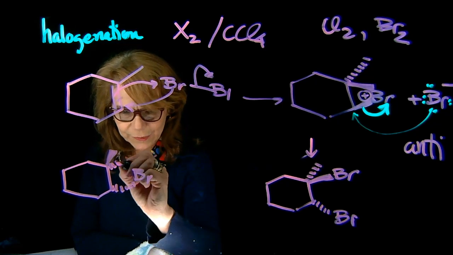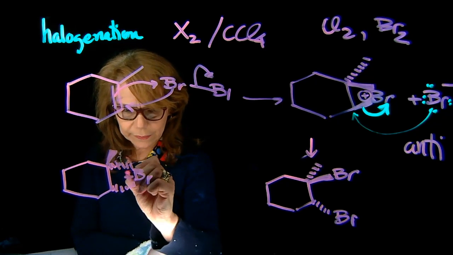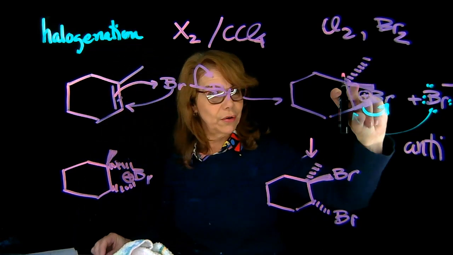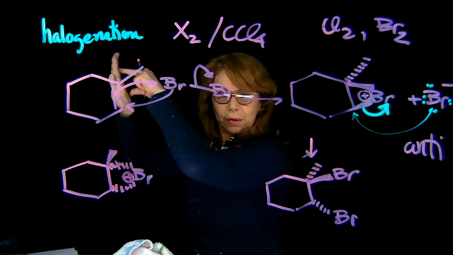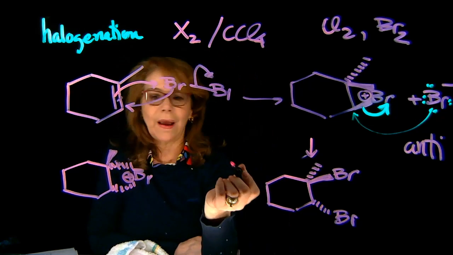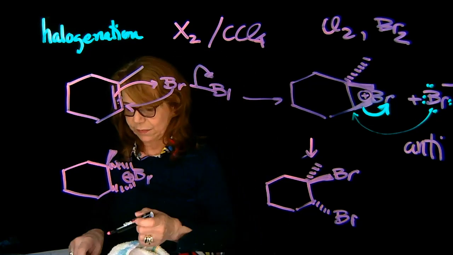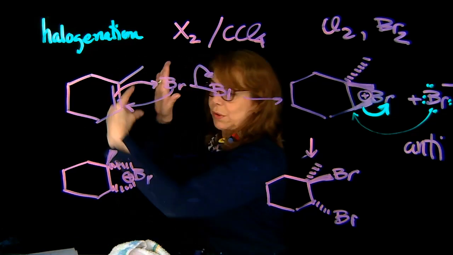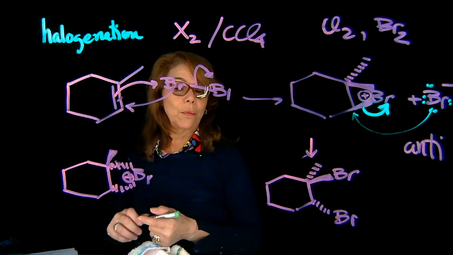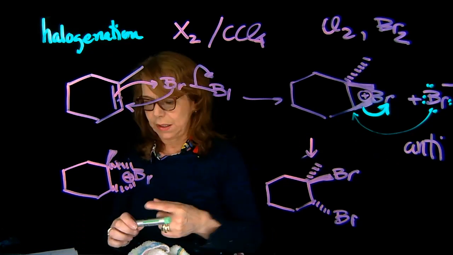Oh, I don't like those arrows. Okay, better. Now, what I'm saying is that I formed that bromonium here, and this is the other drawing on the bottom. And again, the attack needs to be on opposite sides. So if this is under, the attack is this side. The attack by what? By bromide, which is my nucleophile.